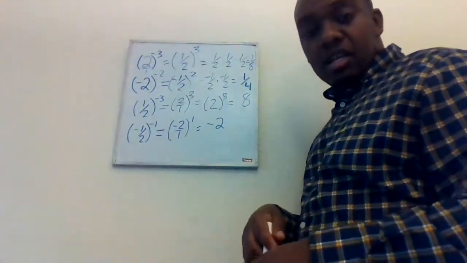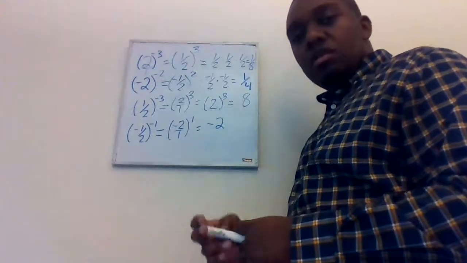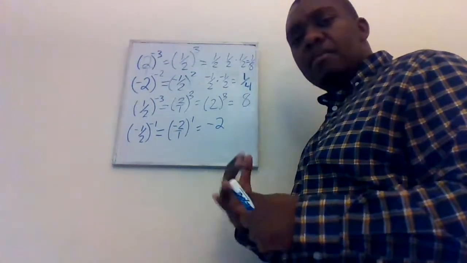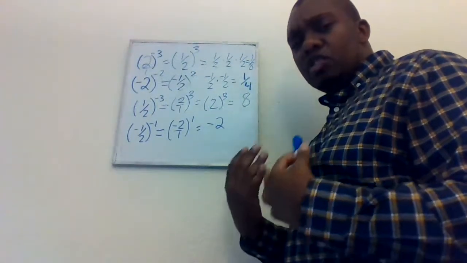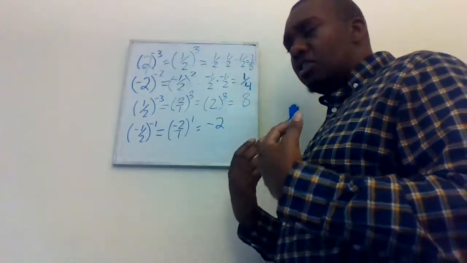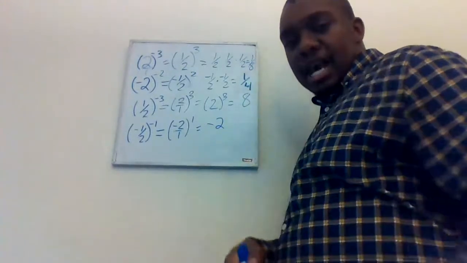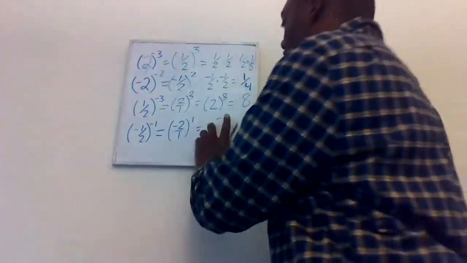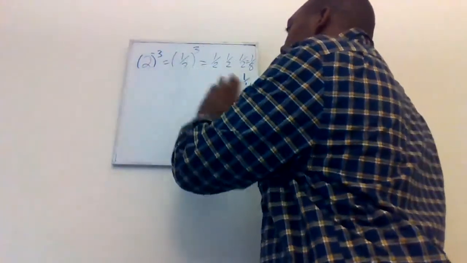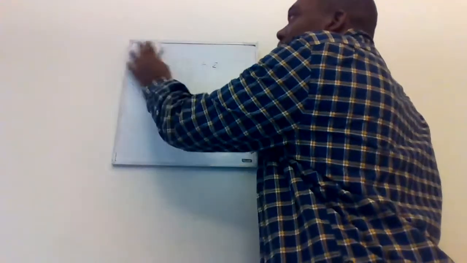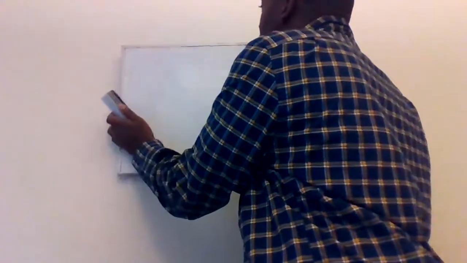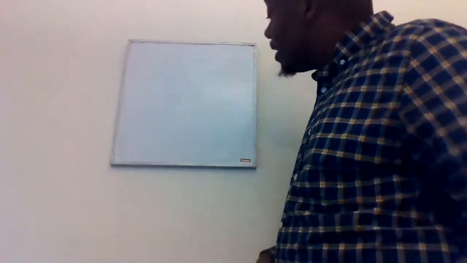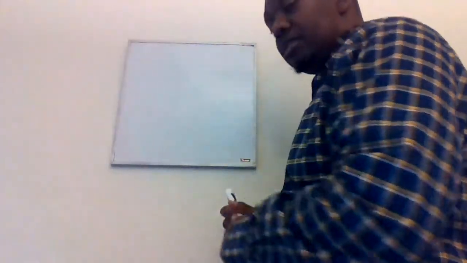And that's it. Now I'm going to show you one other way to get a better understanding of what is happening with these negative exponents and where they come from and how you would visualize that. So we're going to use the number 2 because it's easier for most people when looking at exponents.